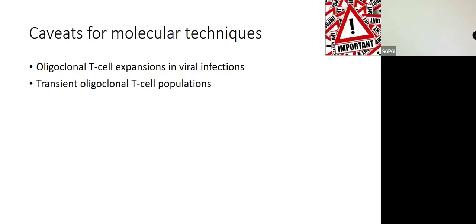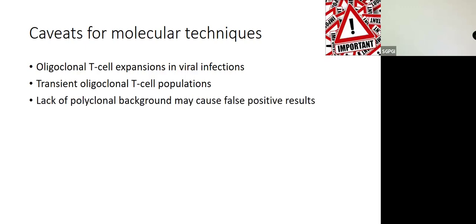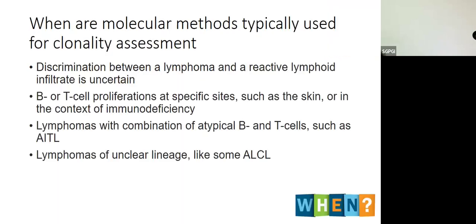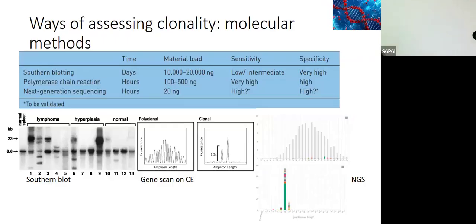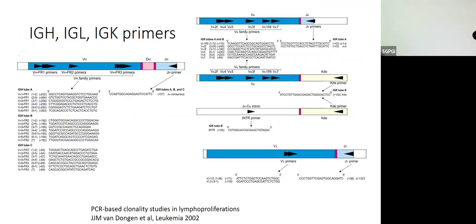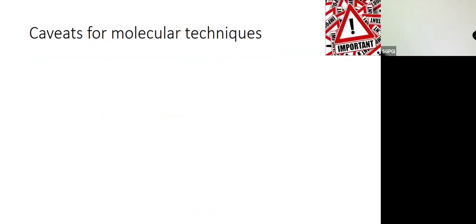These can be transient, and if you don't have the rest of the polyclonal cells, so if you go back to the image of the gene scan here, you realize that this is the kind of polyclonal background. If the polyclonal cells are not there, or if your sample is very limited to a few T cells, then you may get peaks which look monoclonal when the actual sample is polyclonal.